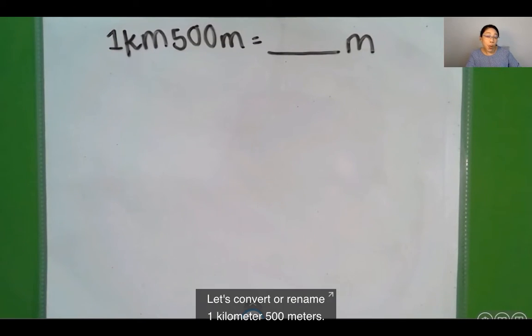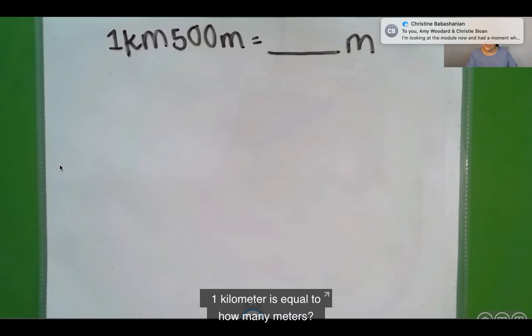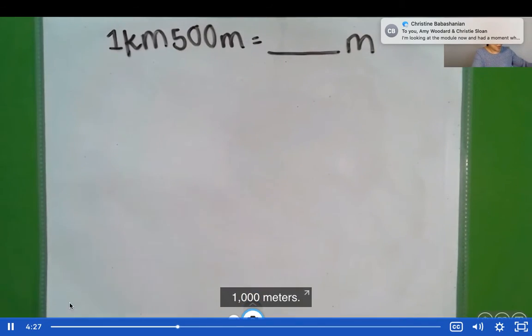Let's convert or rename 1 kilometer 500 meters. 1 kilometer is equal to how many meters? 1,000 meters.